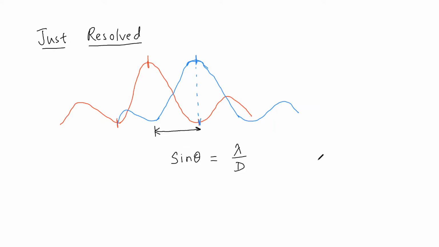Lambda is the wavelength of the light with which the objects are being viewed, and d is the aperture size. You can say aperture diameter.